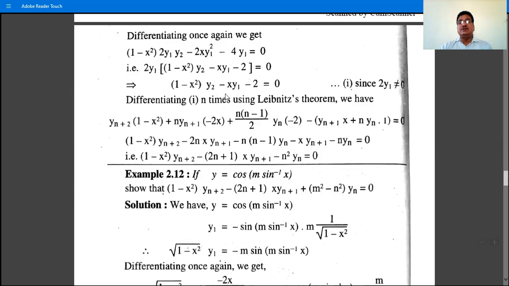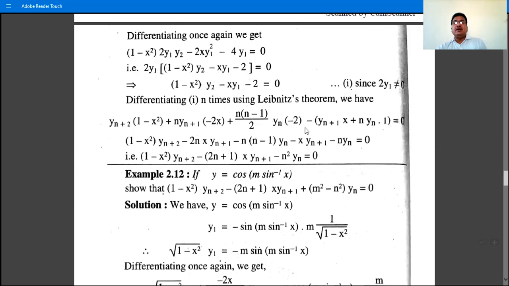So the first term is nC0, its value is 1, u_n means the nth derivative of y1, so it is y_{n+1}, into v as it is, the x term as it is, plus the next term nC1, its value is n. Then the derivative of y1 of (n minus 1) order is y_n, into the derivative of v, that is v1, and the derivative of x is 1.